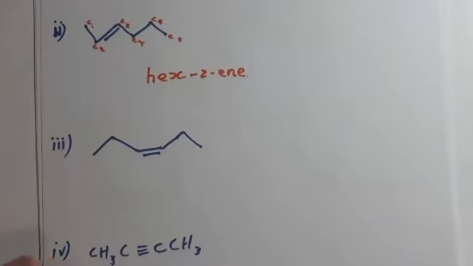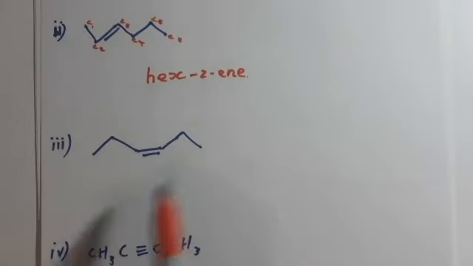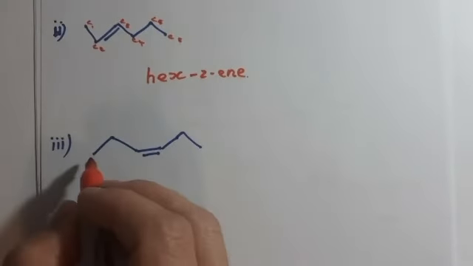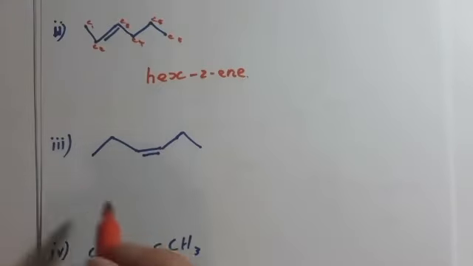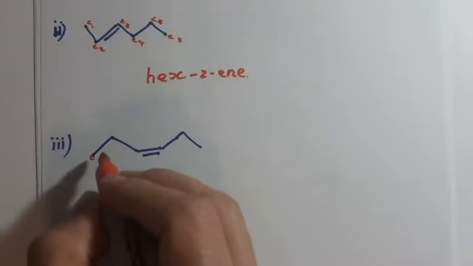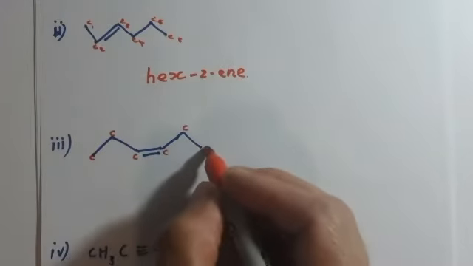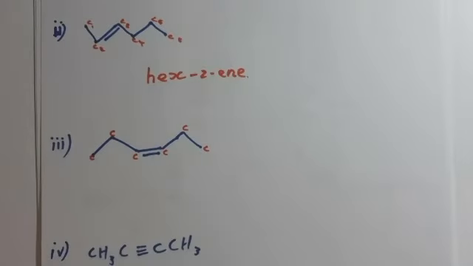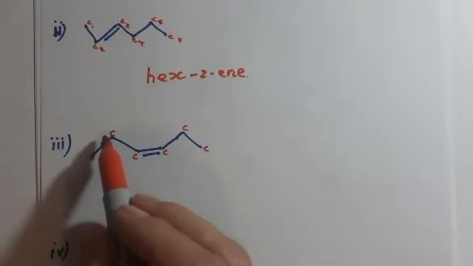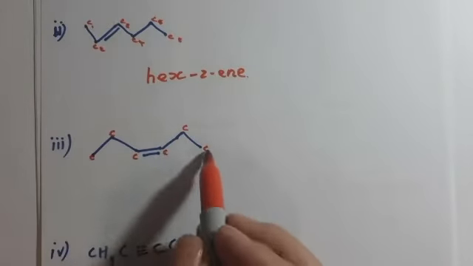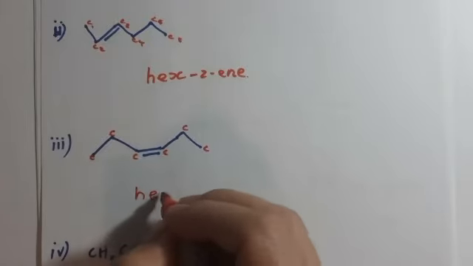Let's look at III. It's this thing that got me, sir. This thing. All right, let's look at that thing. That's a mountain. Well, it's actually 2 mountains, but you know, carbon, carbon, carbon, carbon, carbon, carbon, just to help you in the beginning to see it. So how many carbons? 1, 2, 3, 4, 5, 6. So it's again hex.